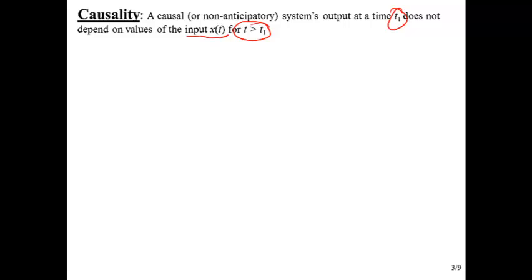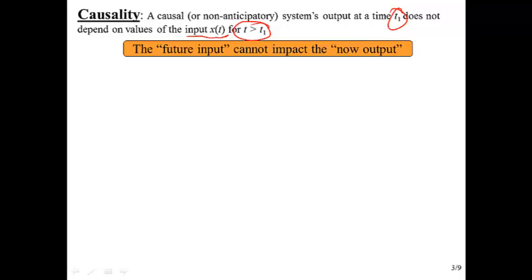Now, that's a simple definition, and to put it in a fortune cookie kind of format, we can say the future input cannot impact the now output. That's a rough, non-mathematical way to think about it, but it captures the essence pretty well.